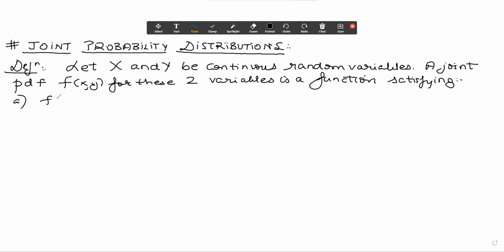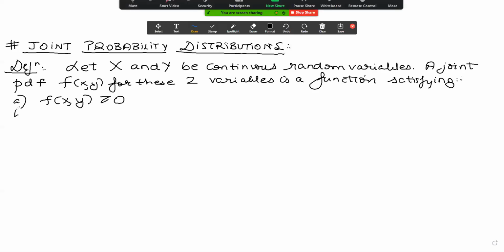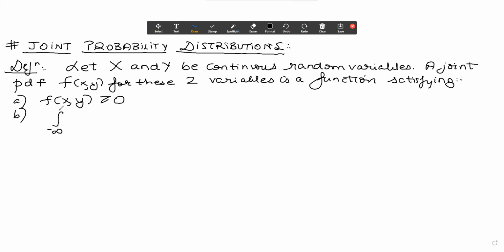First, f of xy, which is the joint PDF, is greater than or equal to 0. And the second property is that the area under the joint probability density function, that means the double integral from minus infinity to plus infinity of f of xy dx dy, is equal to 1.